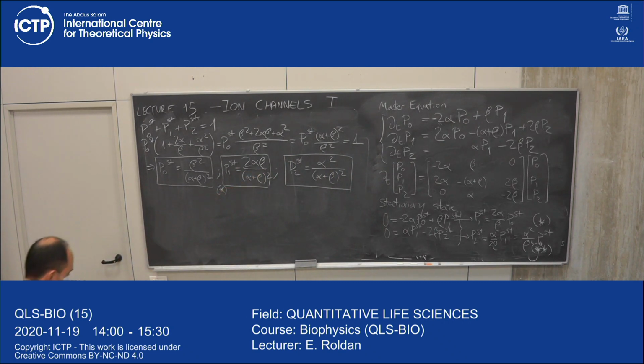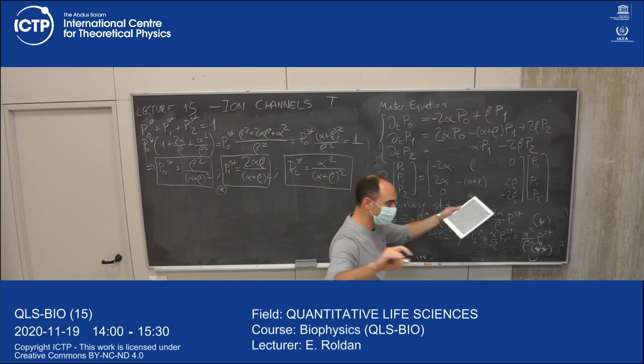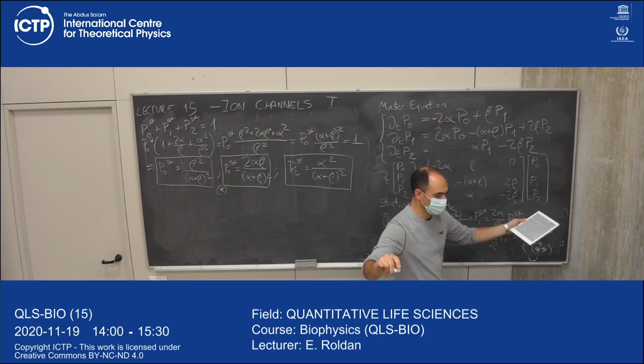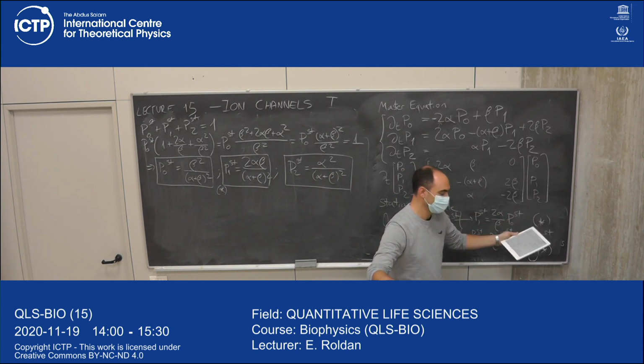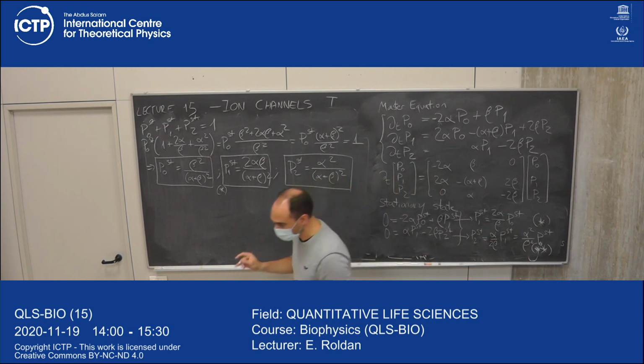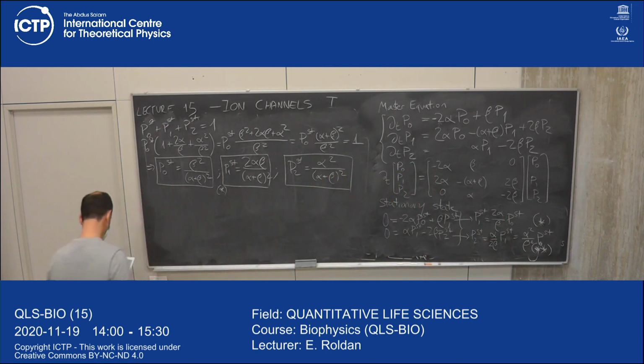So done. Now this is the stationary state of the system. For any rates you put, you can know what will be the population of each of these states. The probability to be in each of the states in the long time limit. This is what is the stationary distribution.